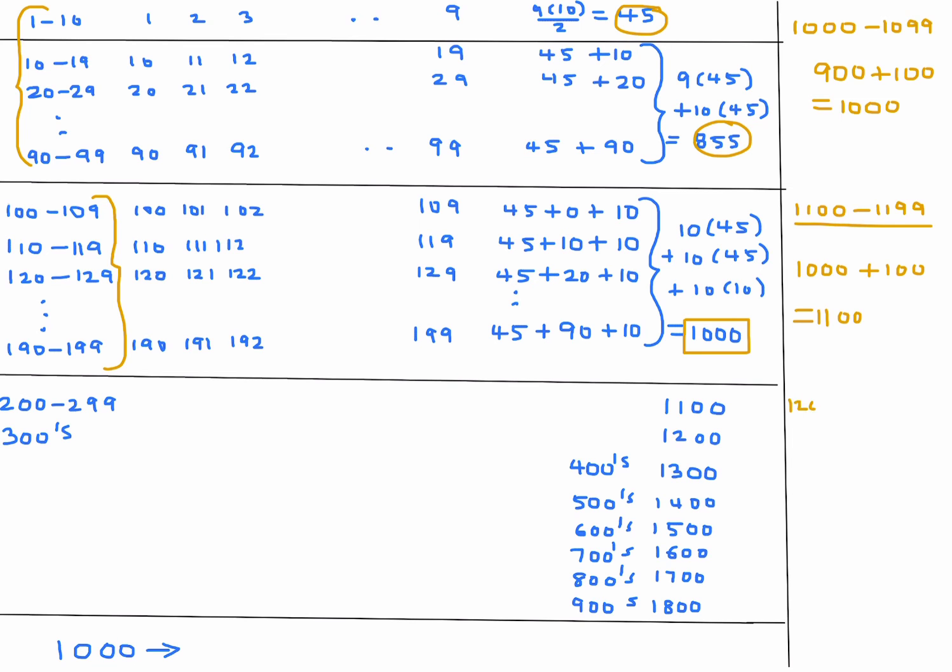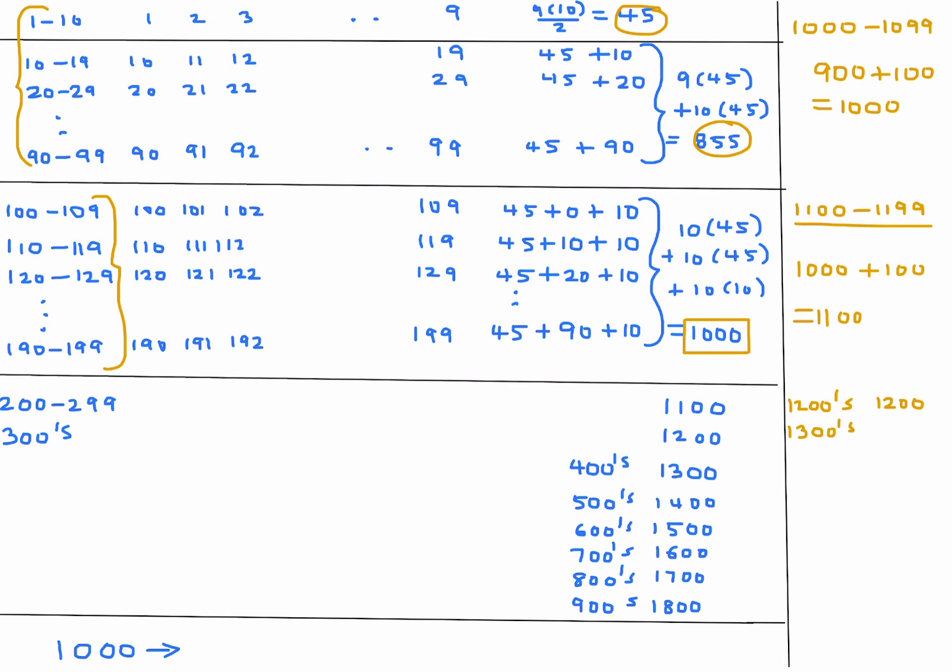So the 1200s, these were the 1100s. The 1200s, well, let's look at the 200s. The 200s gave us a sum of 1100. So we have to add 100 to that. So the 1200s would give us a sum of 1200. If you want the 1300s, we would look at the 300s, which is right here.